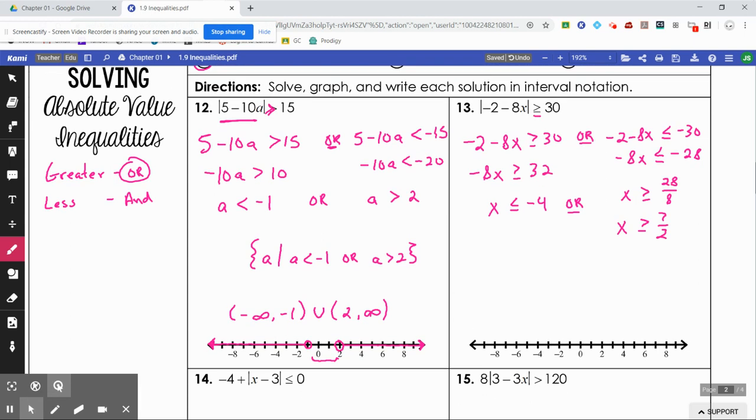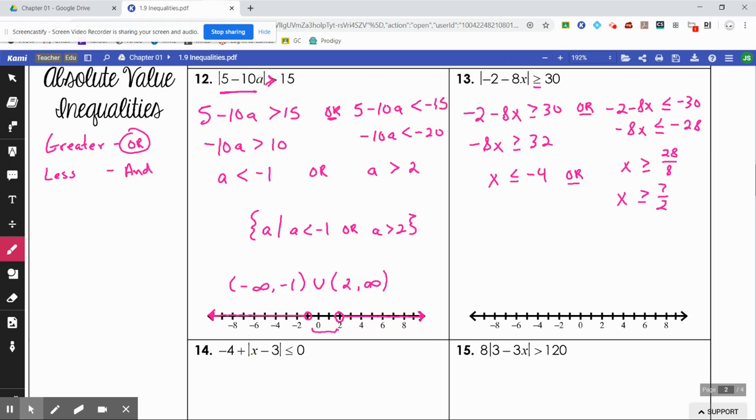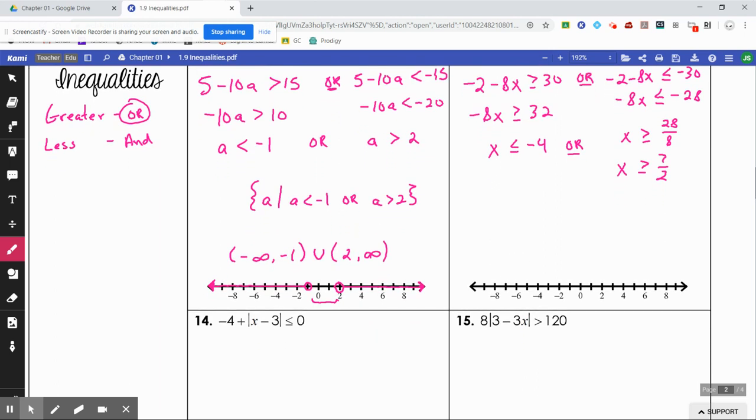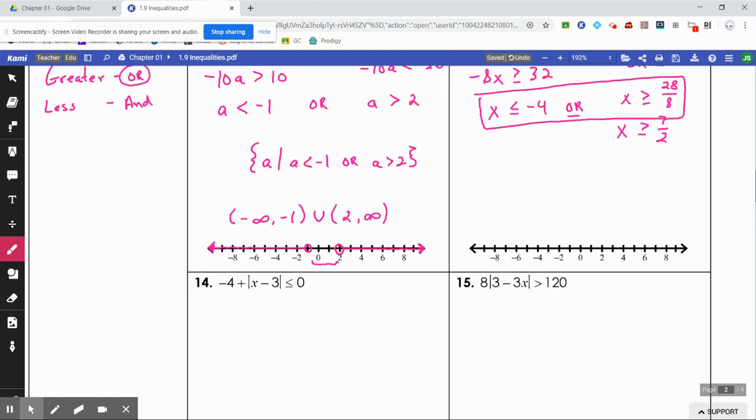Okay, I didn't read my directions, but we actually don't have to do set builder notation on this, and we've seen enough of that anyway. So my solution here would be one way of writing our answer, and you could put that very easily in set builder notation. But now let's look at the graph of that. X could be anything less than or equal to negative 4. So any of these values, or x could be any value greater than or equal to 7/2. 7/2 is 3.5, so that's going to be right in there.